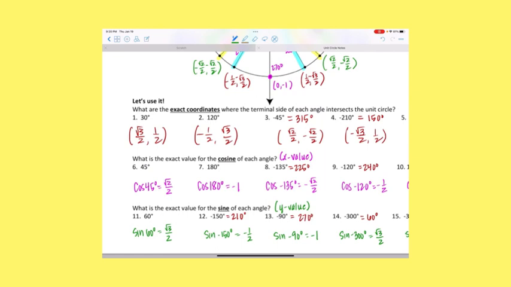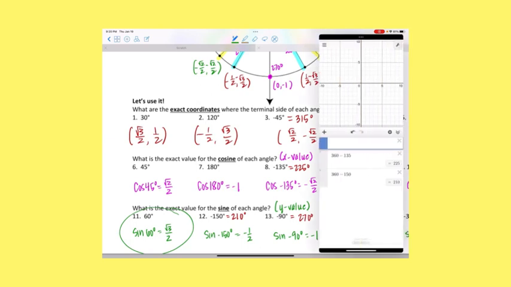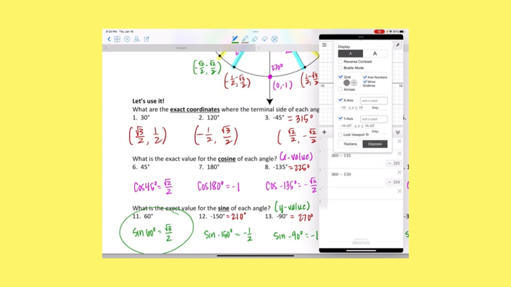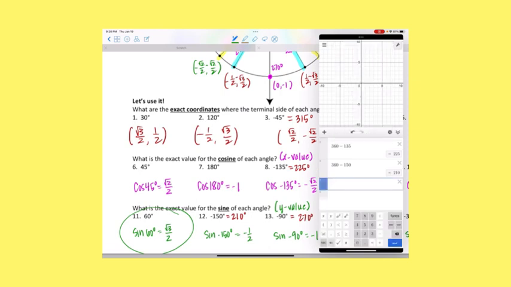So let me just show you, like, let's say I wasn't sure about this one here. I said that the sine of 60 was radical 3 over 2. Well, let me make sure my calculator's in degree mode. If I type in and ask it to tell me what is the sine of 60, it's going to give me a decimal. Well, according to what I have in my paper, that decimal, or radical 3 over 2, should be that same decimal amount.